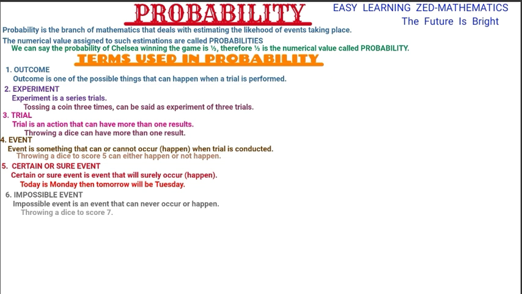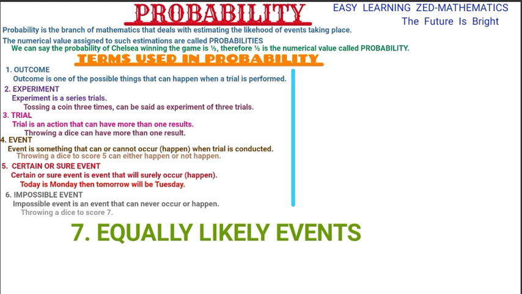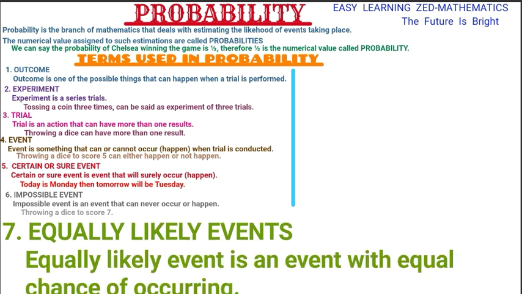All right, now term number 7. Let me just demarcate there so that I can write other terms on the right side of the screen. Equally likely events. These equally likely events are events with equal chance of occurring. Let's say I toss a coin. When I toss a coin, for the coin to land on a head or on a coat of arms, the chances are equal.